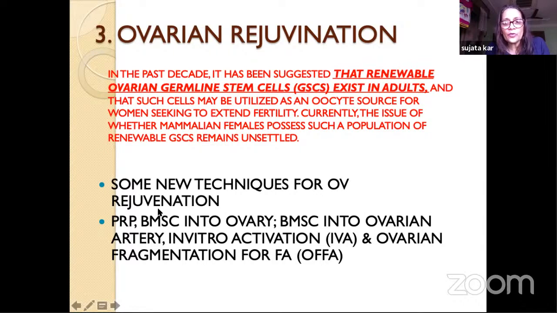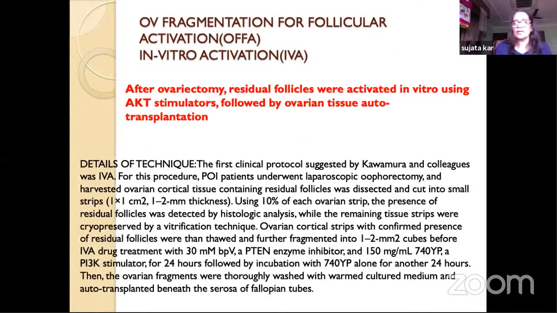So some techniques for ovarian rejuvenation are PRP, bone marrow stem cells into the ovary, bone marrow stem cells into the ovarian artery by ultrasound guided techniques, in vitro activation, and ovarian fragmentation for follicular activation. These are some new techniques.